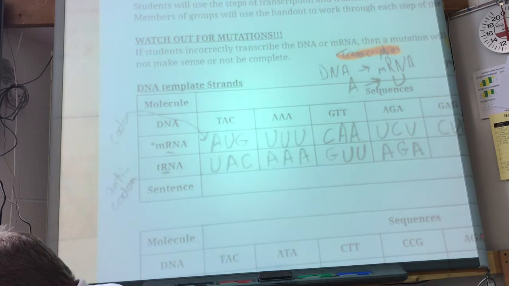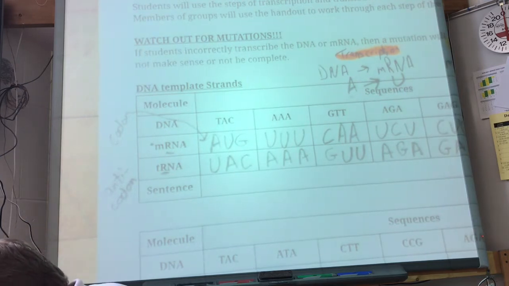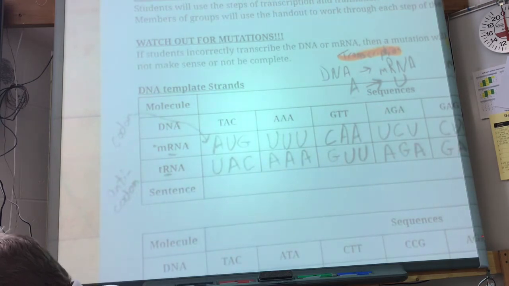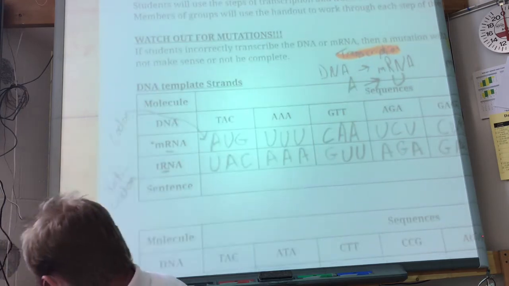The complement of CUC is GAG. The complement of AUC is, I almost wrote a T, but there's no such thing as a T, right? It's UAG. The complement of UAG is AUC.